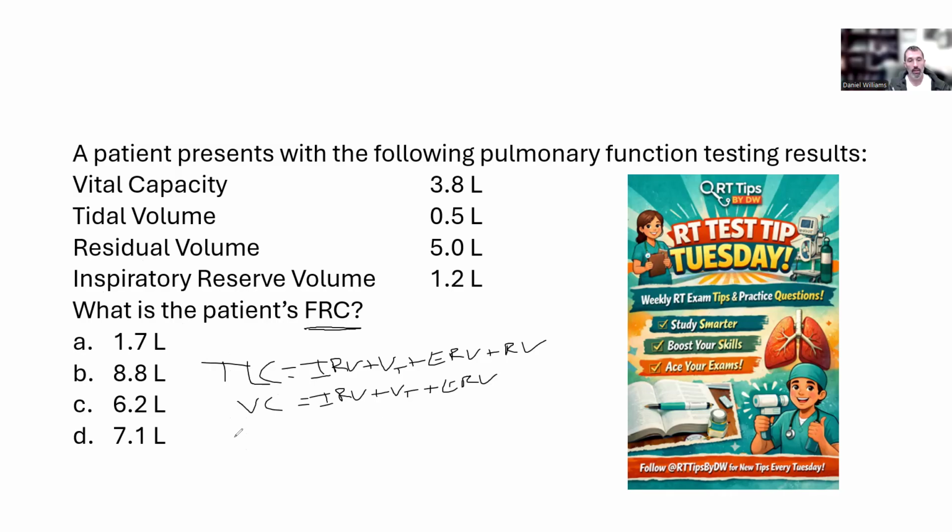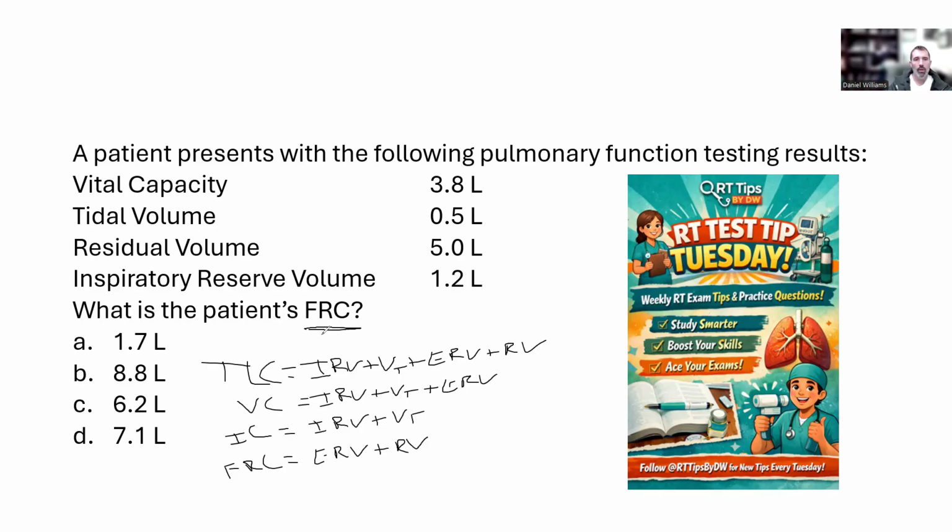We know that inspiratory capacity is inspiratory reserve volume plus tidal volume, and we know that functional residual capacity is expiratory reserve volume plus residual volume. So understanding what volumes make up what capacities makes it a lot easier to tackle one of these types of questions.